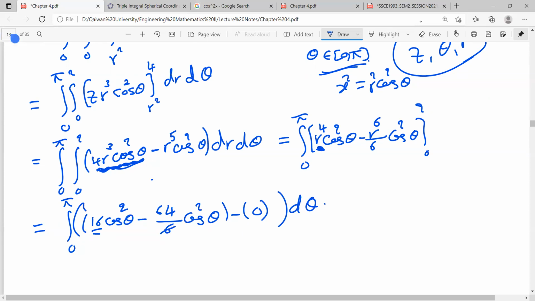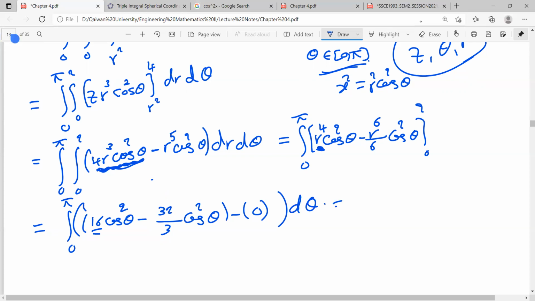Dividing by 2 is 3, and dividing by 2 is 32. That means it's 32 over 3. Now we find the common denominator between these two. We have 16 cosine squared of θ minus 32 over 3 cosine squared of θ.